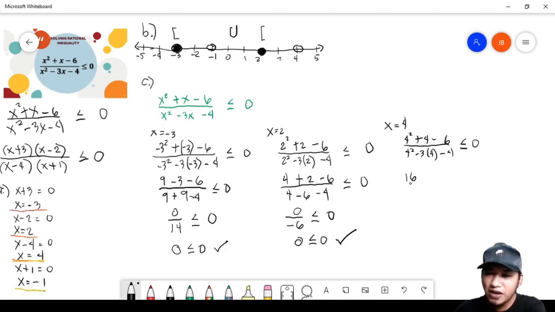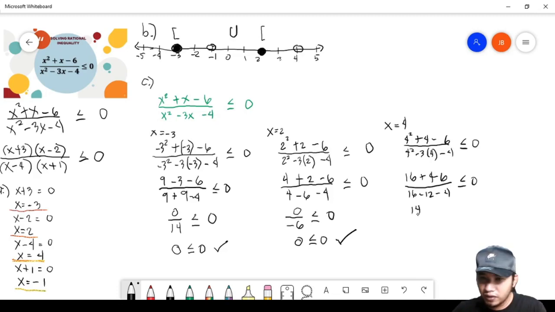Okay, so 4 squared is 16 plus 4 minus 6 all over 16 minus 12 minus 4 is less than or equal to 0. 16 plus 4, that is 20, minus 6 is 14 all over 16 minus 12 is 4, minus 4 is 0, less than or equal to 0.